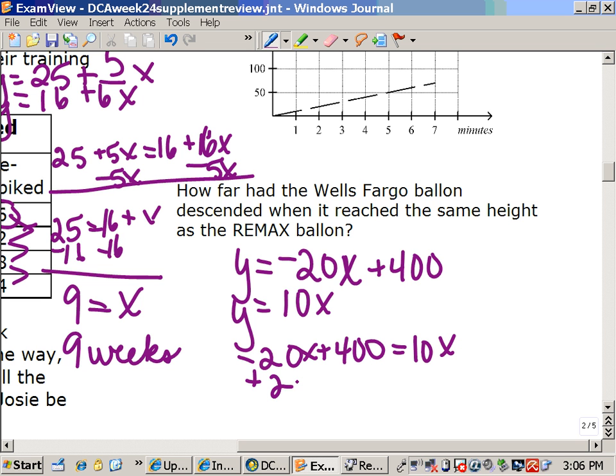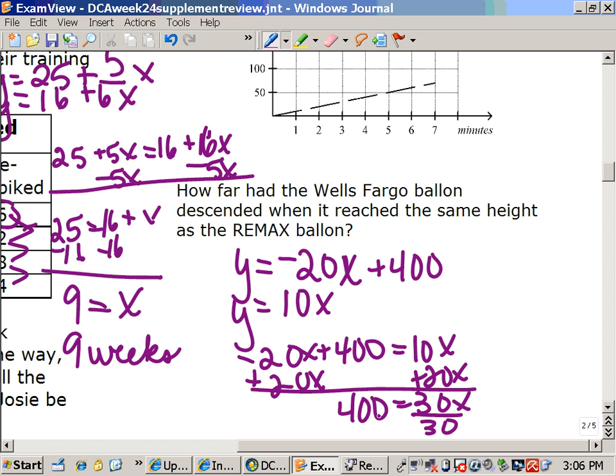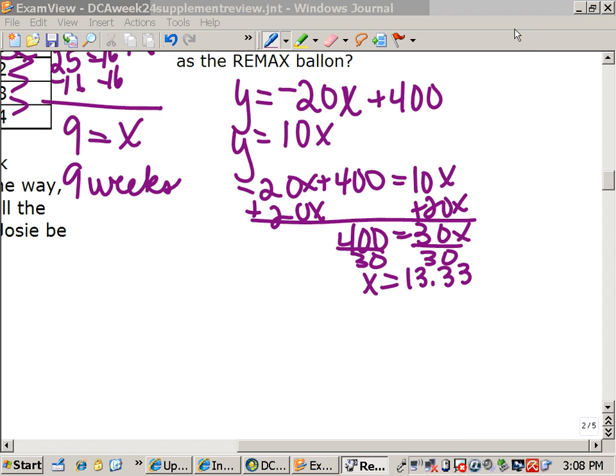I'm going to move the 20x over to the right. That gives me 400 equals 30x, and then divide both sides by 30. Okay, so that gives you 13.33, or 13 and 1/3. Now that's what x is equal to, but it did ask me how far it had dropped.